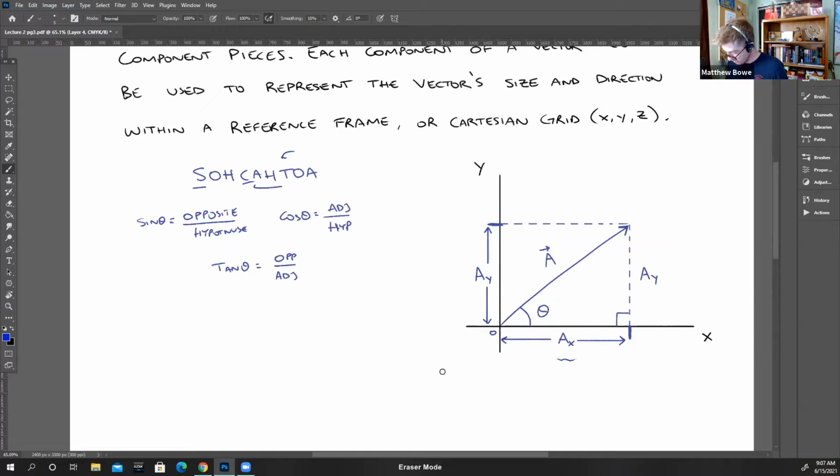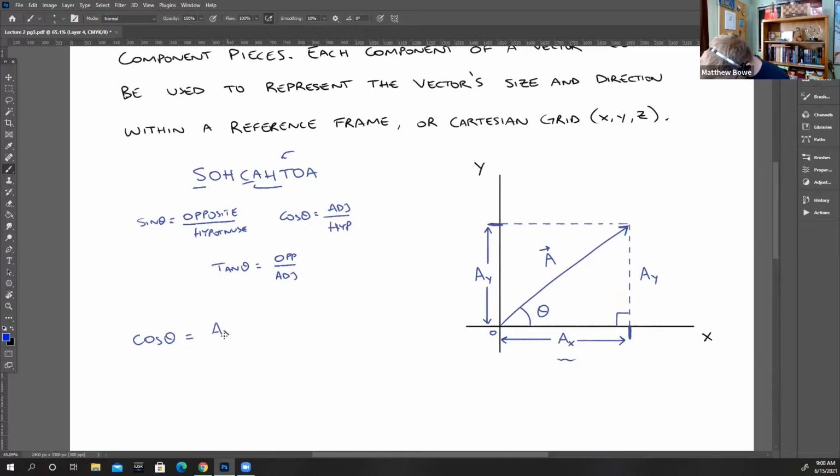So if we want to find specifically this length, let's say a sub x, we know this angle, so maybe we can use cosine of the angle equals a sub x. Cosine is adjacent over hypotenuse.